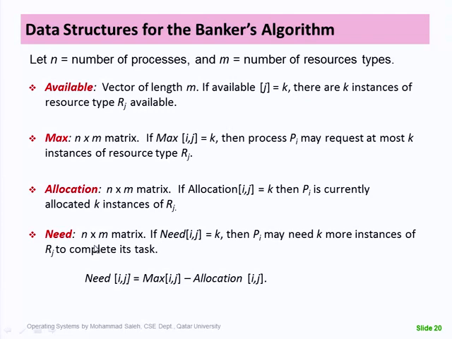So needed is, in fact, the matrix Max minus Allocation. What the process claimed as a maximum use of resources minus what it currently has will give us what it is left with or needs in the future. Okay?